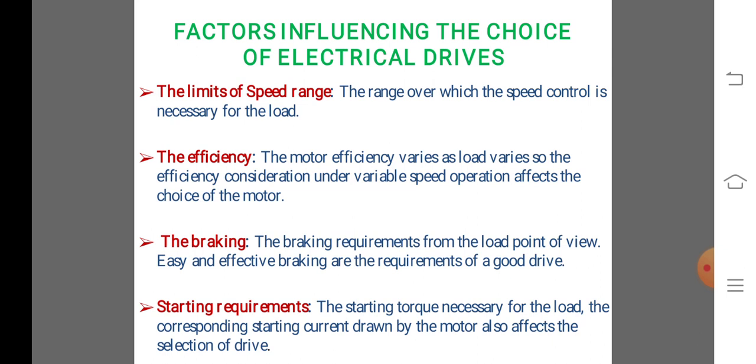Already I told you in the very beginning class, the speed ranges for electrical drive operation are 50% constant and variable speed, or 75% constant speed and 25% variable speed, which must be met in the electrical drive operation. That is the regulated speed range for this electrical drive operation.